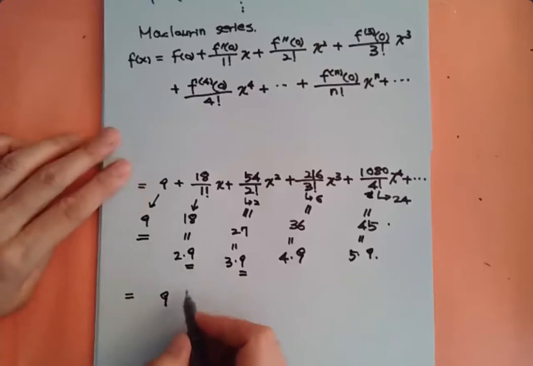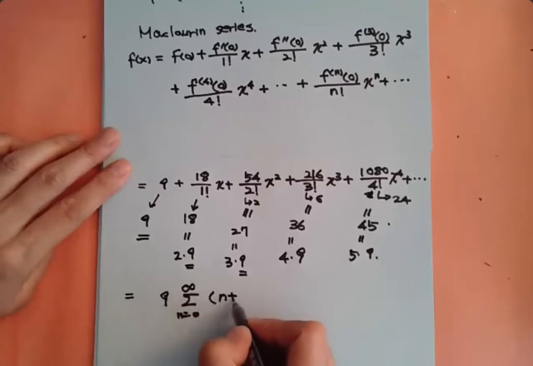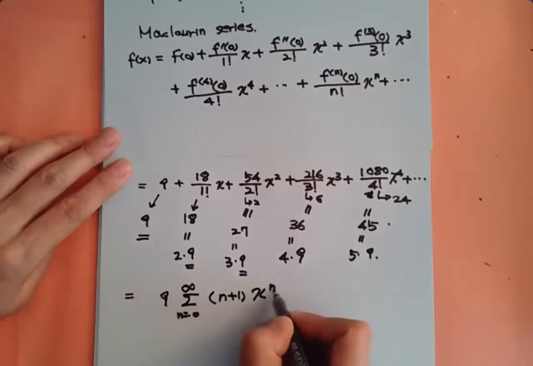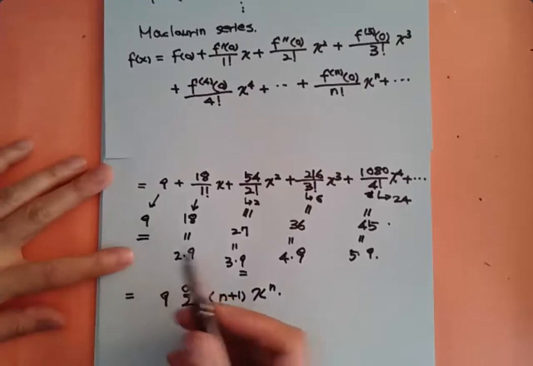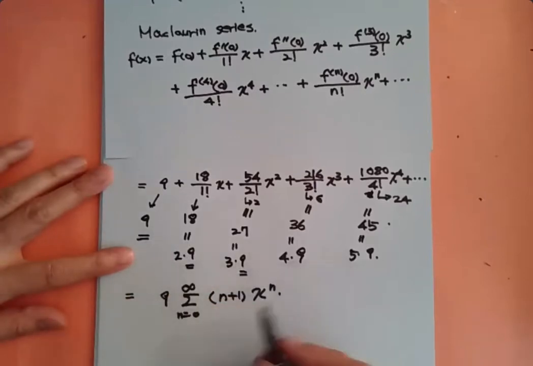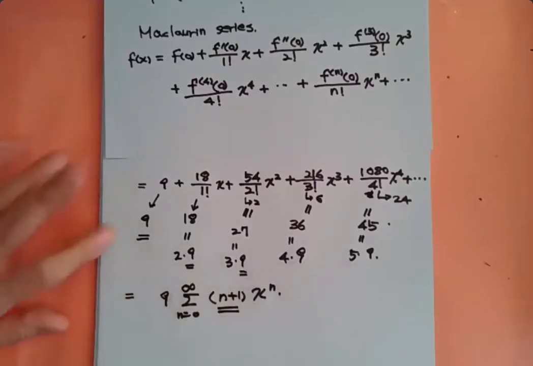And so 9 times the summation from n equals 0 to infinity of (n + 1) x to the n power. Because this goes like 1, 2, 3, 4, and so on, that's how this n + 1 comes from.